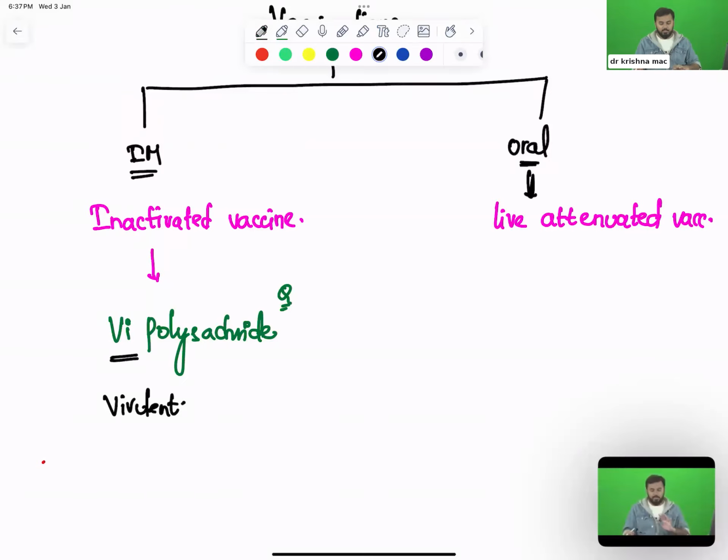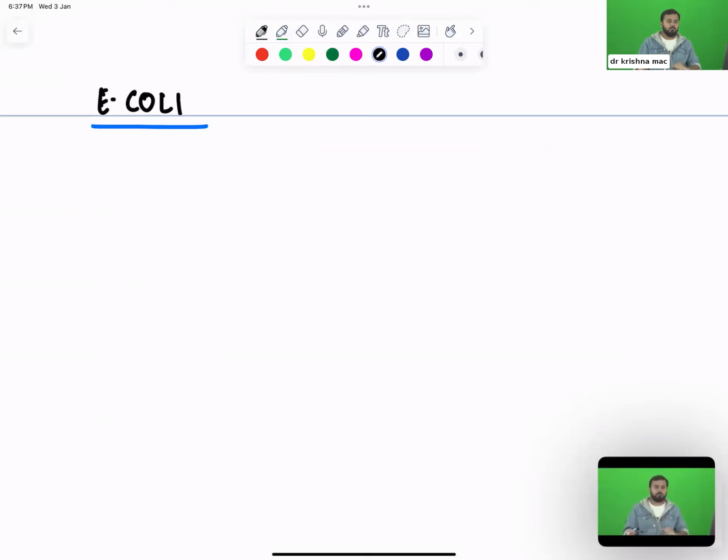Is everyone clear with these organisms? Now, the next important organism. Later on in your fifth year, you will have a subject called infectious disease.